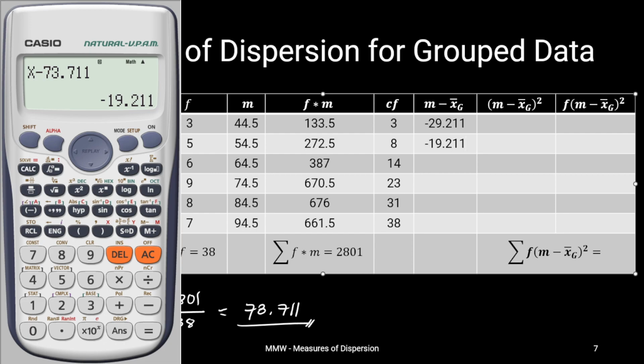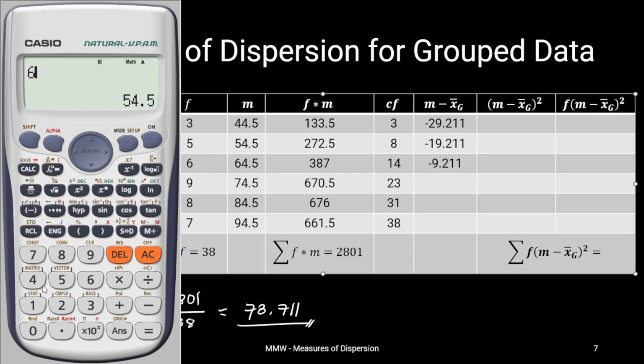So, bakit? Since constant si mean and nagbabago lang naman is midpoint, and ang difference ng midpoint from other midpoints is always 10. So, you can just simply add 10 succeedingly. So, para at least dire-diretso. So, we have negative 9.211. Okay, then dito magbabago, kasi positive na yung answer natin.